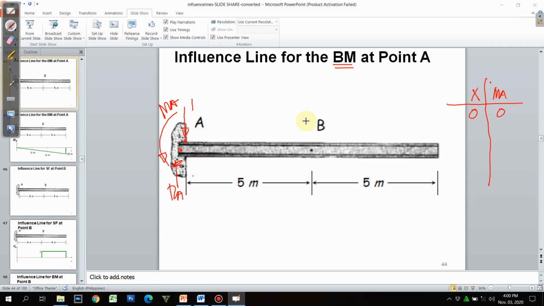So let us have 5 minus. Okay, so what is meant by minus? This is just left of B.